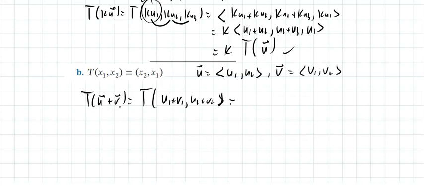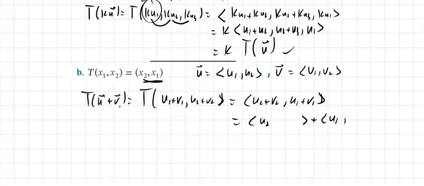And what is that based on? Doesn't that go backwards? Wouldn't that be u2 plus v2, u1 plus v1? Now, wouldn't you say this is u2, u1, and v2, v1? Isn't this T of u, and this is T of v? So the first condition is satisfied.